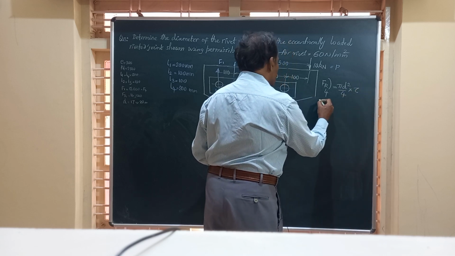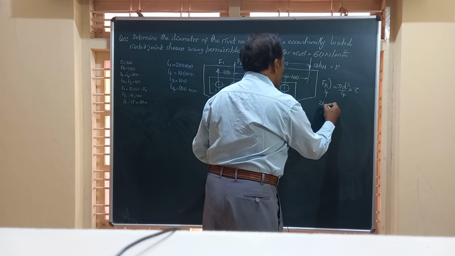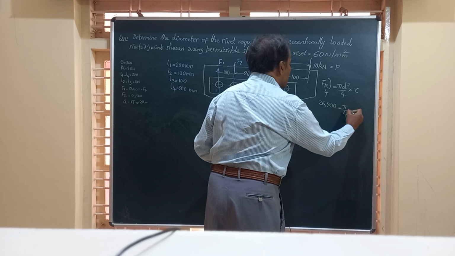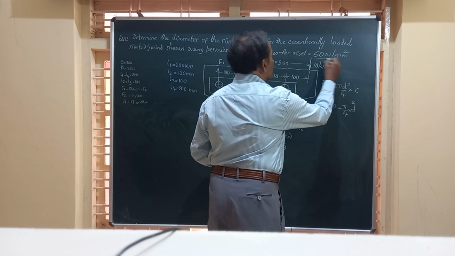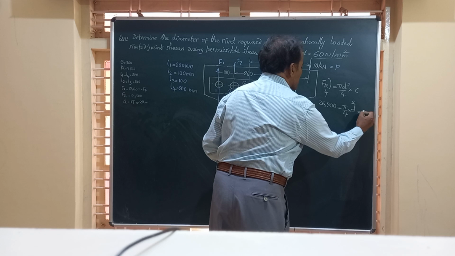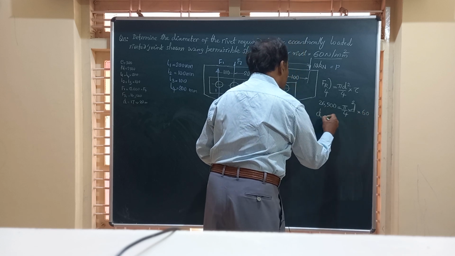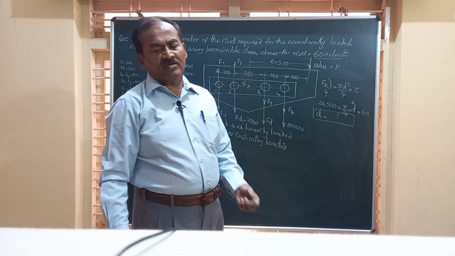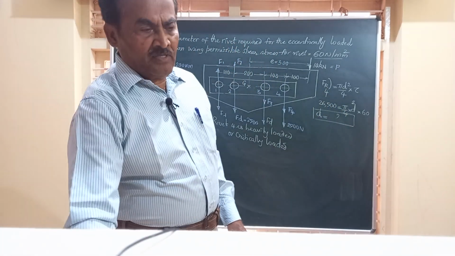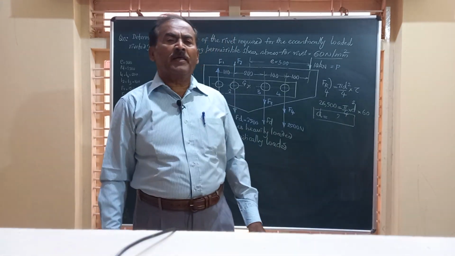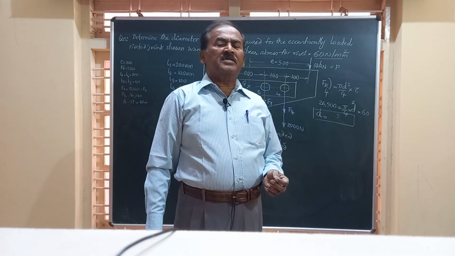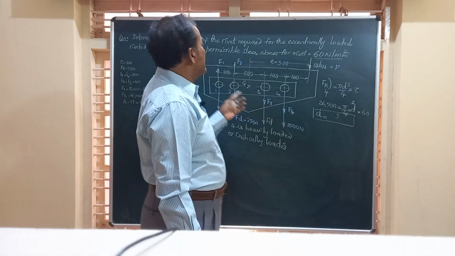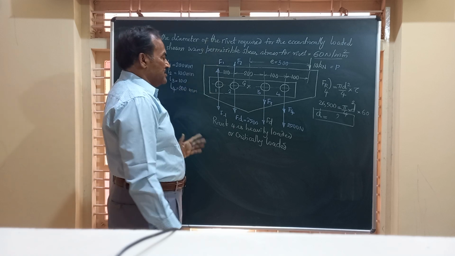So this is 26,500, which is equal to pi by 4 d square, and the shear strength is given to be 60. Friends, you will be able to find out what is the diameter of the rivet required. Friends, this is how we obtain the diameter of the rivet required in an eccentrically loaded riveted joint.